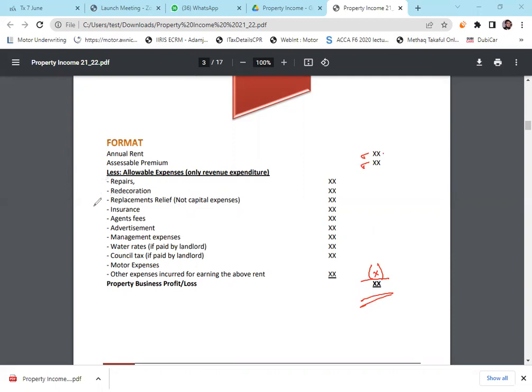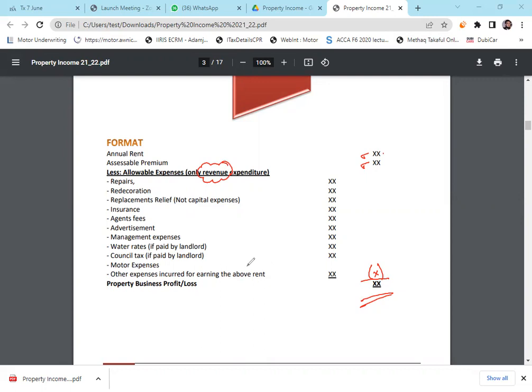A lot of expenses I wrote here, but the general definition is expenses must be revenue expense. Do you know what is capital and what is revenue expense? Do you have any idea? Revenue expenses are day-to-day routine expenses, not bringing improvement, not purchasing any asset.